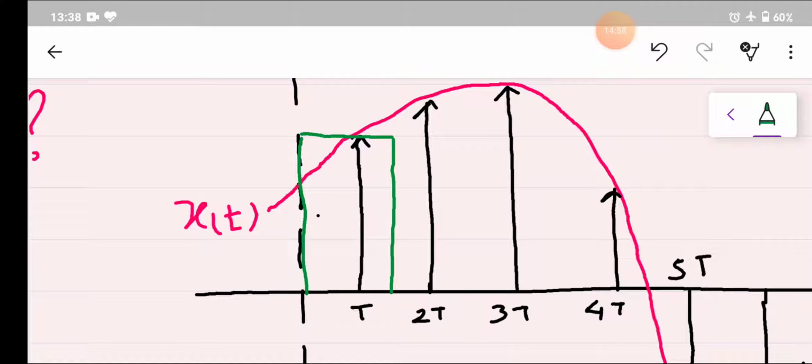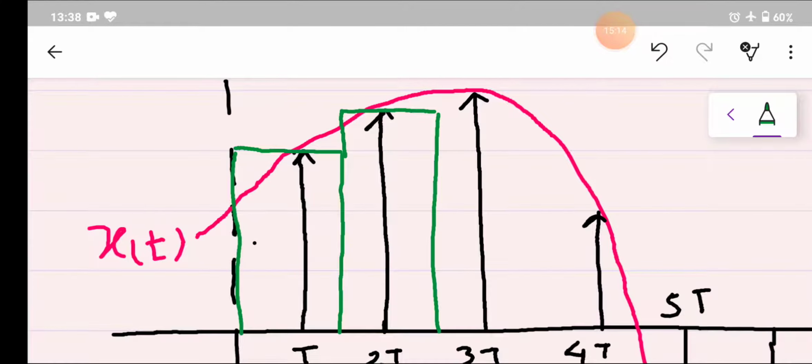Next, the gate pulse will have the magnitude of the sampled signal at 2t. So next it will give you a gate pulse like this. Then at 3t it will give you a gate pulse like this.